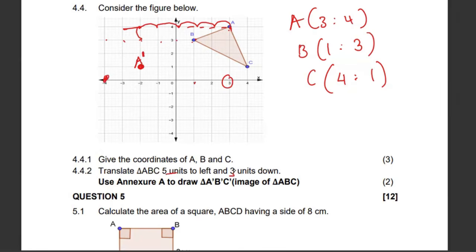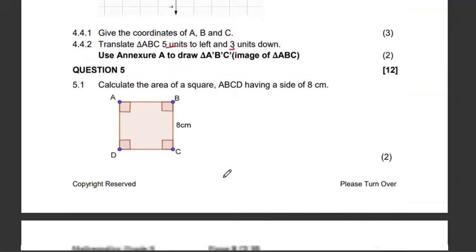So it's somewhere there. And then 1, 2, 3, 4, 5. 1, 2, 3. So that's C prime. And then you can connect. Okay, so that is how the image would have been drawn or sketched.